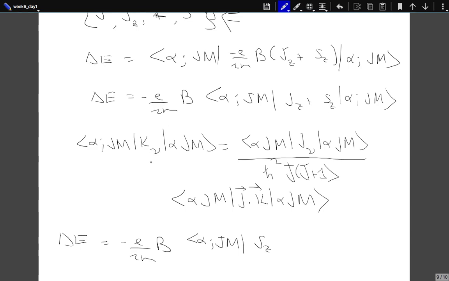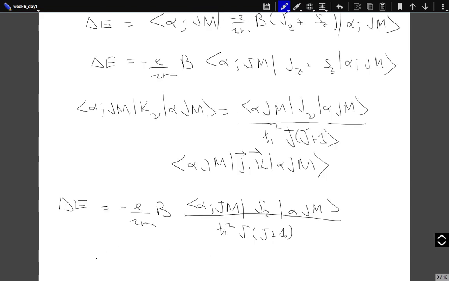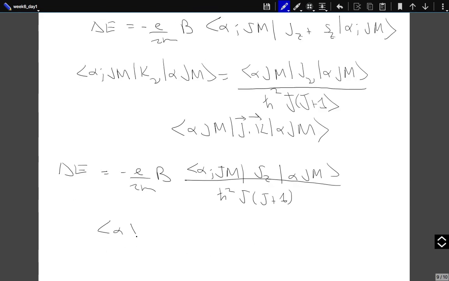Remember, this Jz plus Sz is now my K nu. It's the Z component, so I take the Z component of the angular momentum operator divided by h bar squared j plus 1 multiplied with alpha J m, this matrix element, J dot K, where K is J plus S.